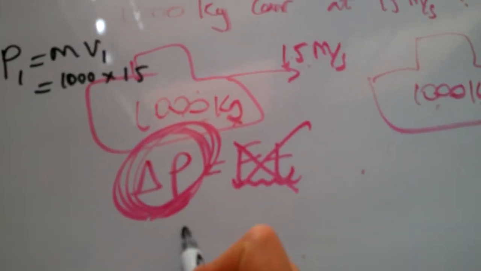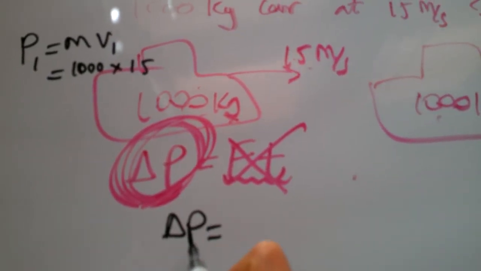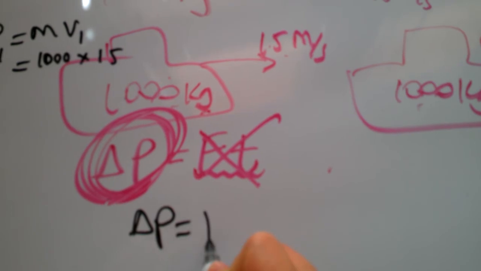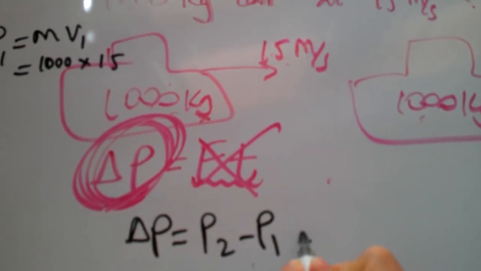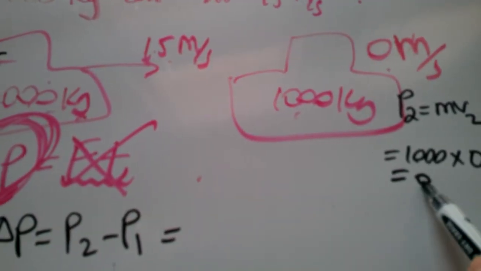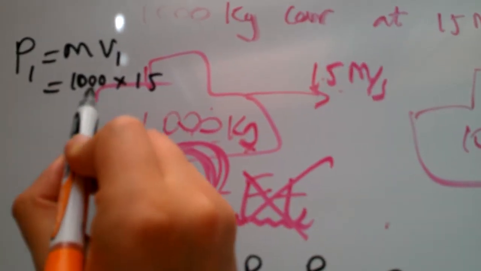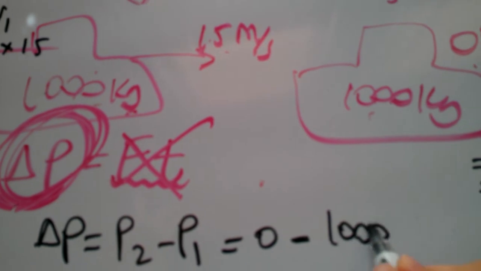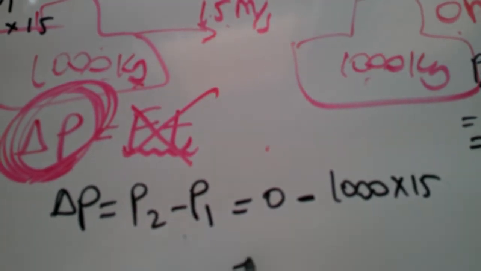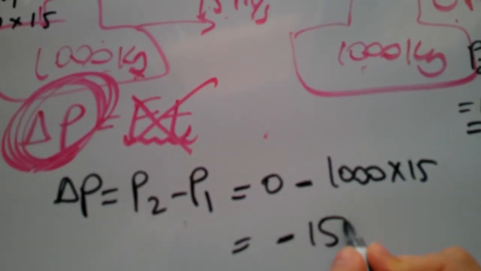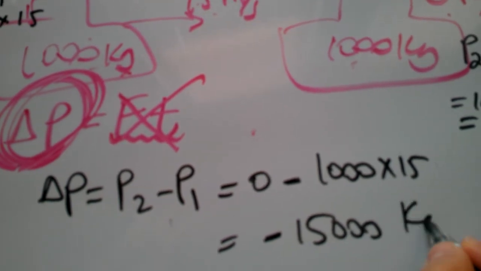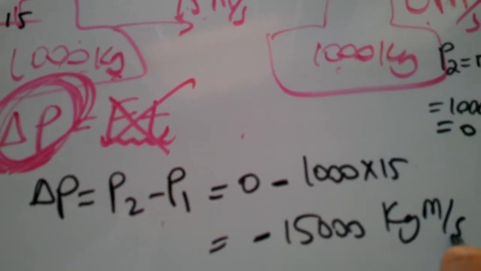Hence, delta P, which is change in momentum, is second minus first. Second is 0 minus first is 1,000 times 15, which gives rise to minus 15,000 kilograms meters per second.